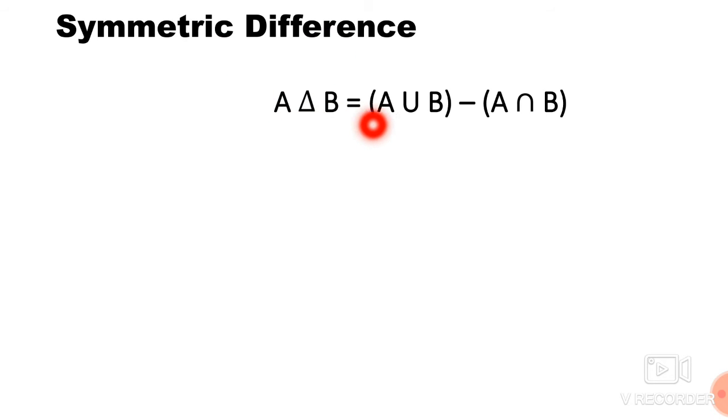And the formula is A union B, difference A intersection B. Symmetric difference is simply the difference of union and intersection. I repeat, symmetric difference is just the difference of union and intersection.